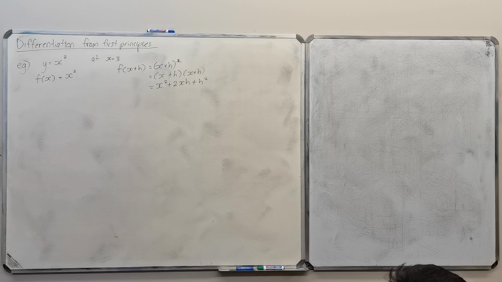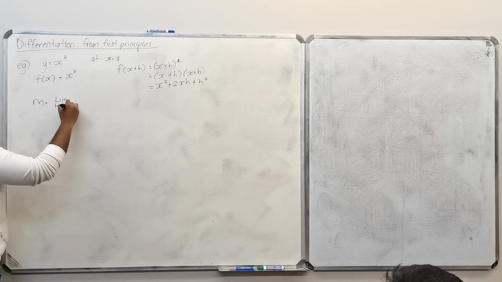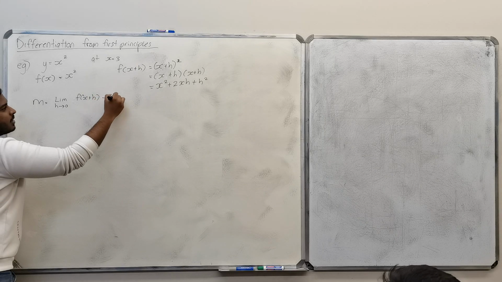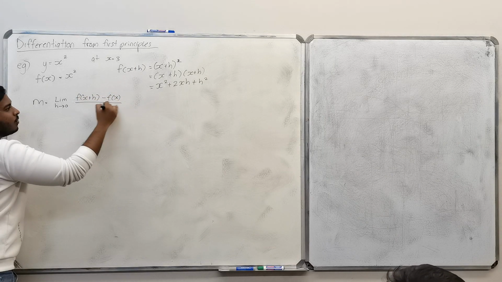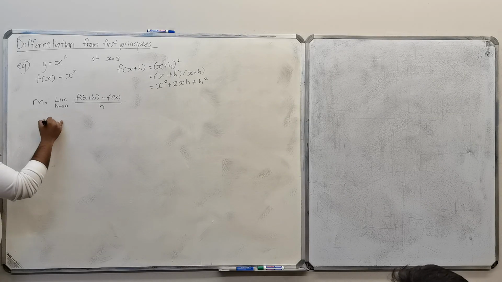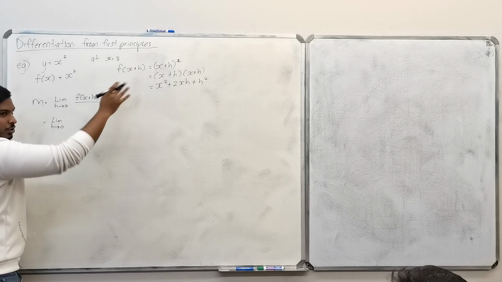Now we're going to use first principles. So gradient would be equal to the limit as h approaches 0 of f of x plus h minus f of x all over h. First principles formula. Right? This would be equal to the limit as h approaches 0, substitute now.